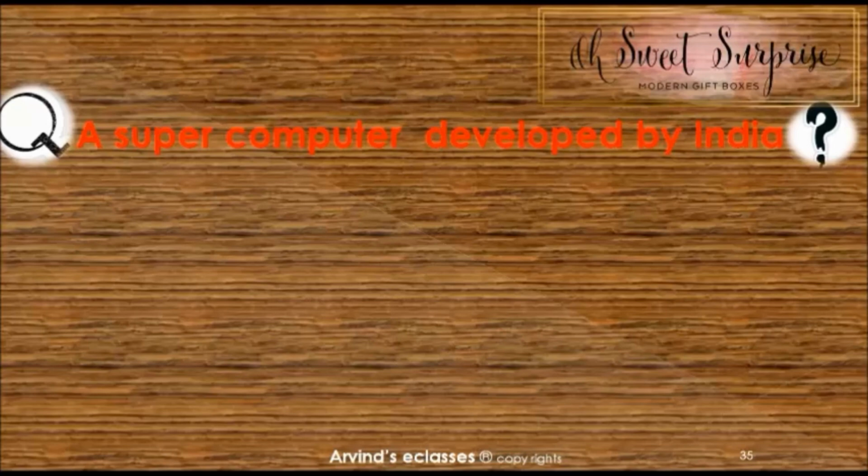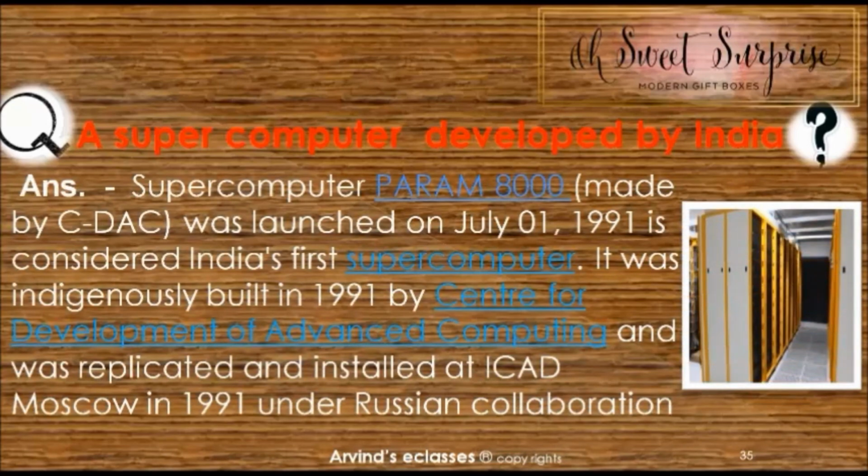Yes, and your answer is Param 8000, which is developed by our country itself. It is capable of solving all types of calculations, and it is very helpful for the development of our country. Our country has developed many supercomputers, but Param is the first computer that was built in India.